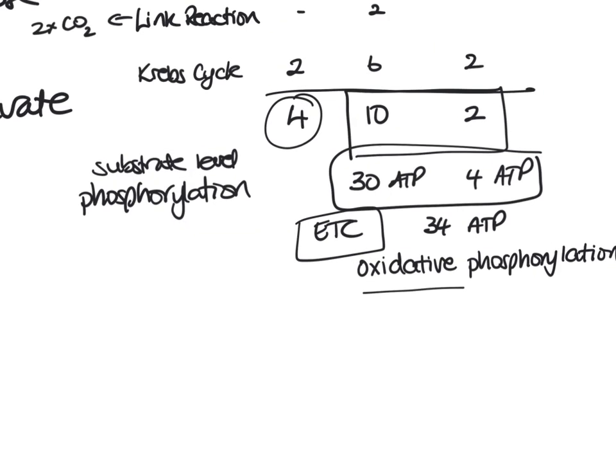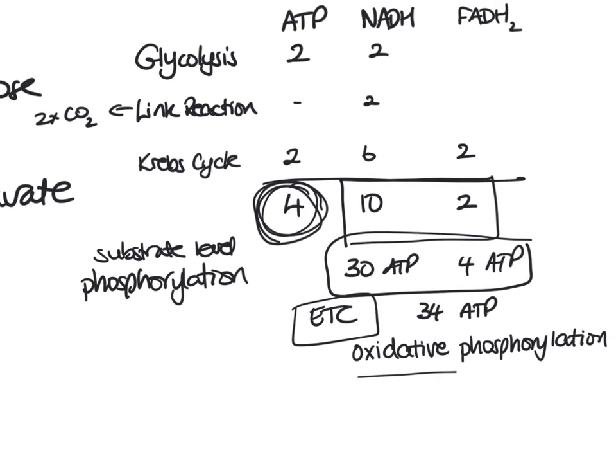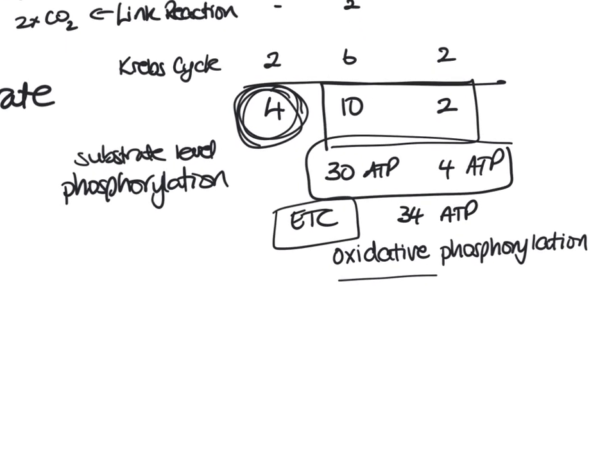So altogether we have 4 from substrate level phosphorylation, 2 in glycolysis and 2 in the Krebs cycle, and then our other 34 comes from the electron transport chain.